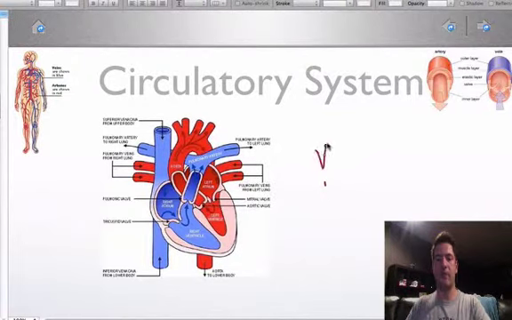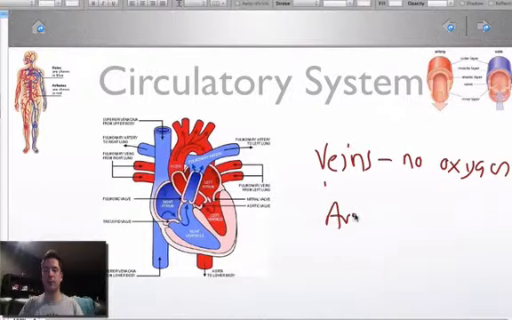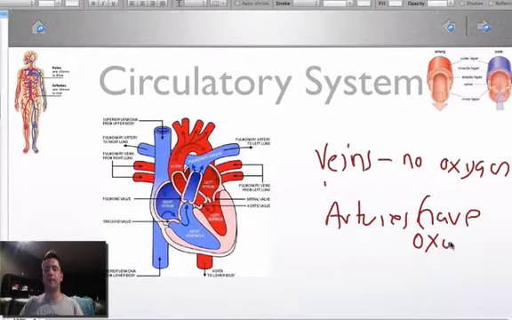So just remember that veins, okay, no oxygen. Okay, arteries have oxygen. Good. Okay, so we get that.